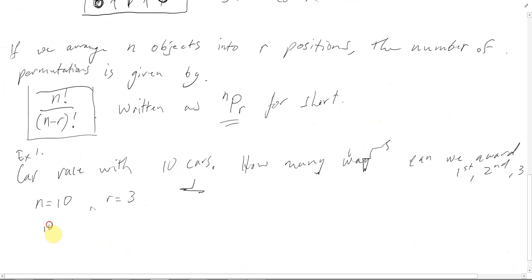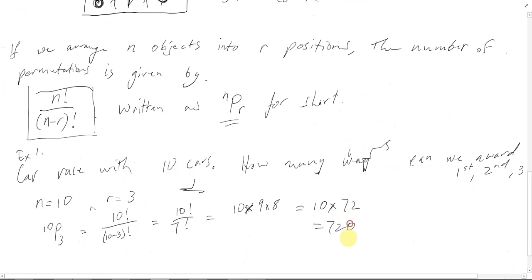So we're doing 10P3, and using our formula, that is 10 factorial over 10 minus 3 factorial, which is the same as 10 factorial over 7 factorial, which is 10 times 9 times 8. 10 times 9 is 90, times 8 is 720. So there are 720 different ways that those can be arranged.